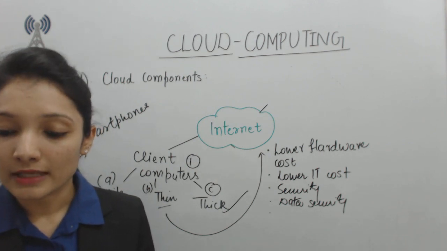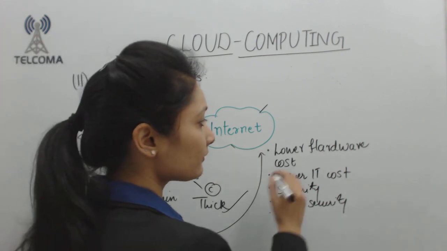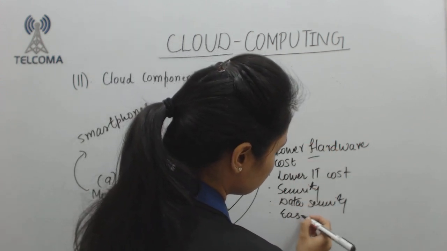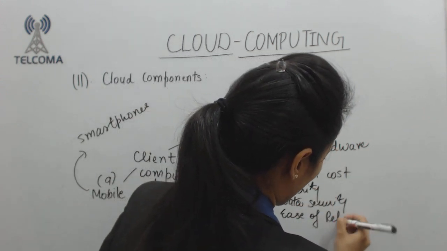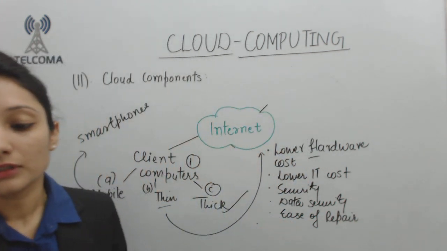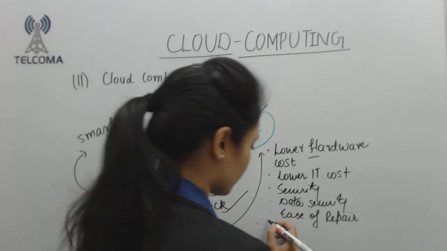After that, less power consumption and ease of repair because of the less hardware here. So we have the ease of repair, and then we have the less power consumption also.